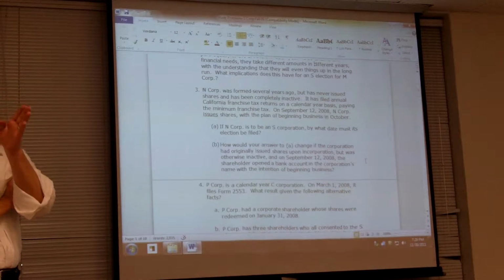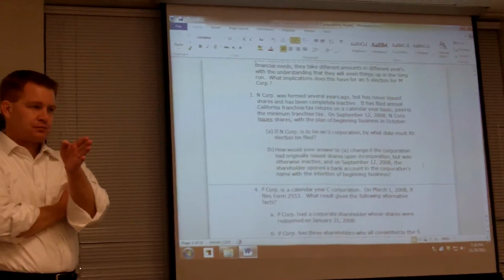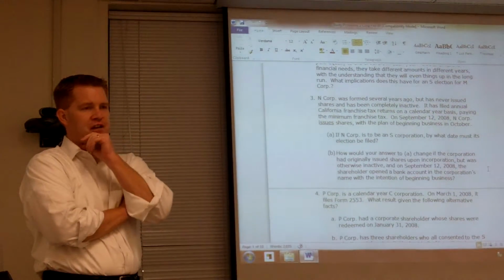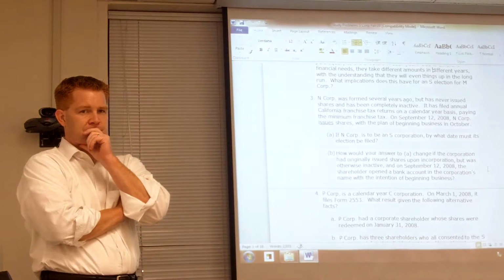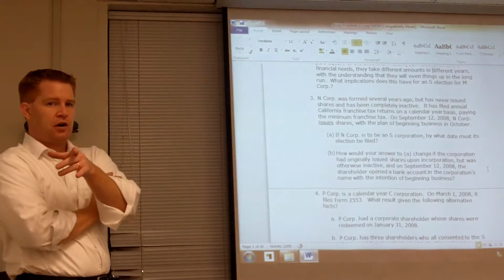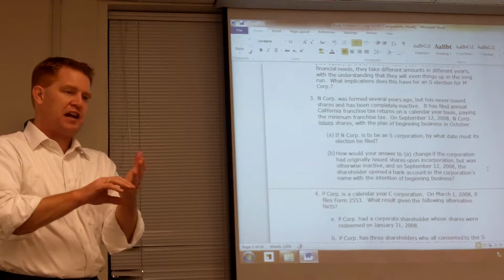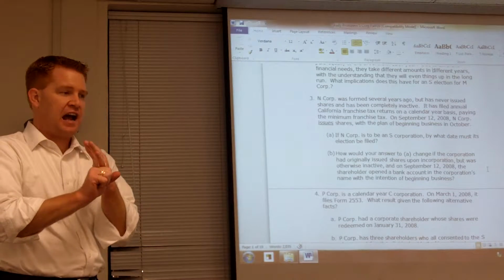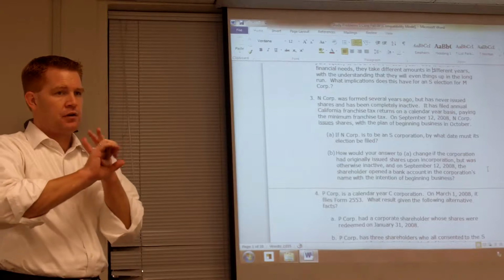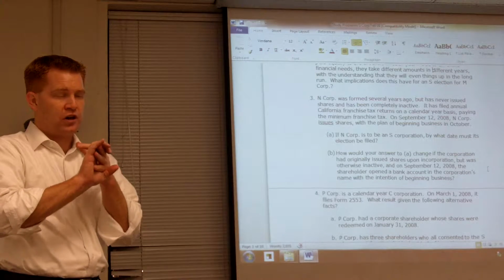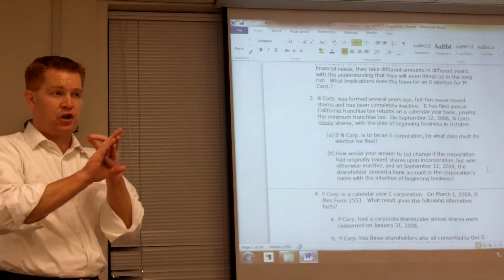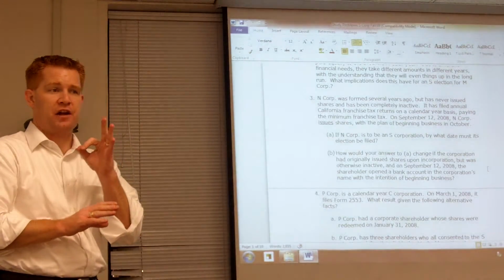So, when do you start counting the 2 months and 15 days? Date of formation? Not necessarily. It's the earlier of the date the S corporation has assets, does business, or issues shares. The earliest of those three events.